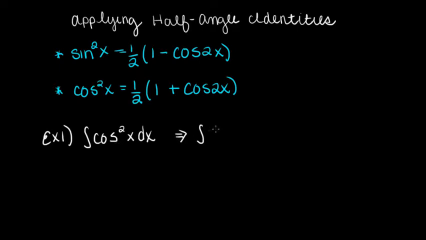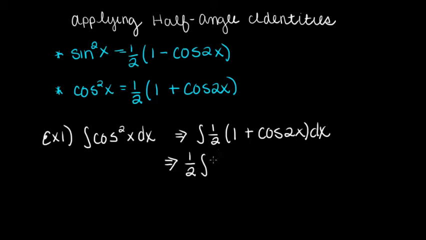Cosine squared x turns to our 1/2 of 1 plus cosine of 2x dx. Let's go ahead and simplify this. Pull out our 1/2, it is a constant. We're left with 1 plus cosine of 2x dx.